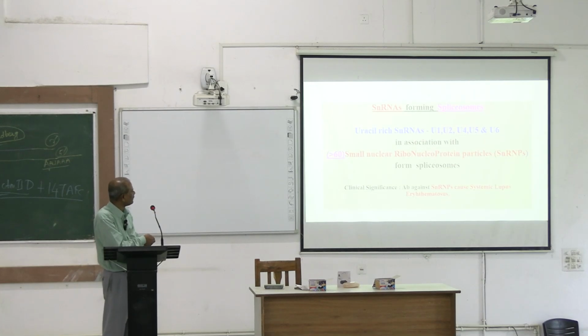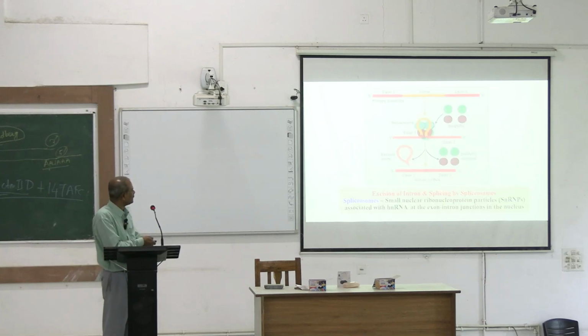So snRNA formation, basically uridine-rich, that's why its name is U. There will be more than 60 proteins, that's why it is called snRNP, small nuclear ribonucleoprotein, for the spliceosome. Okay, so this is basically how it is formed.